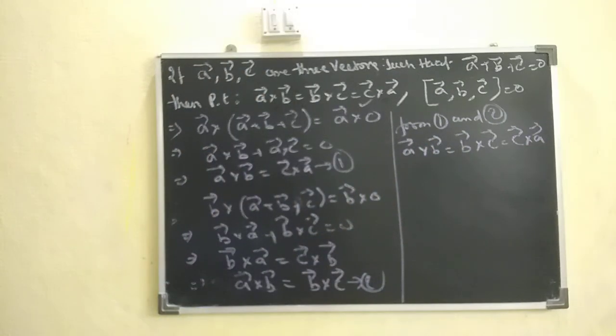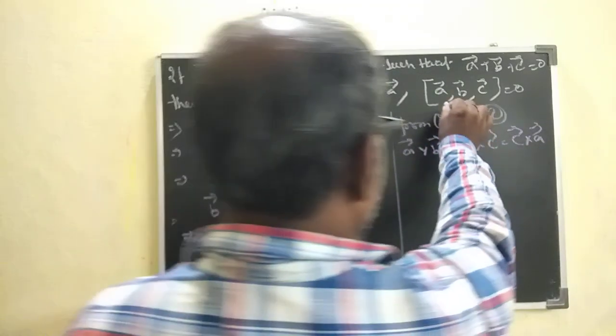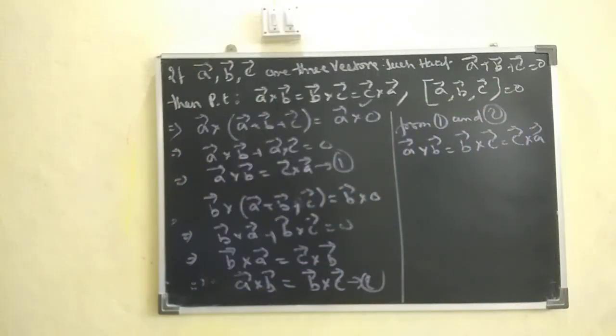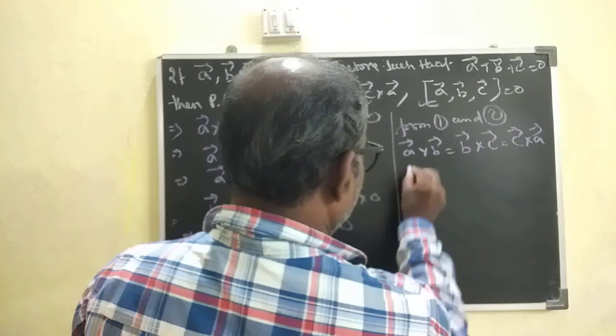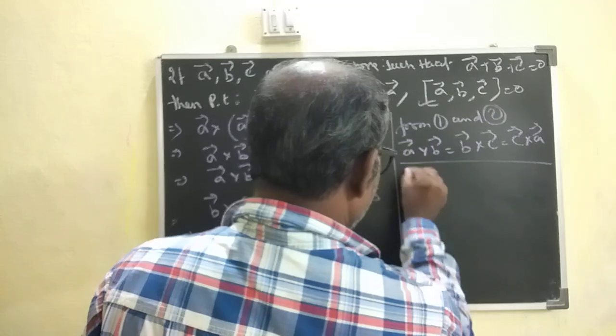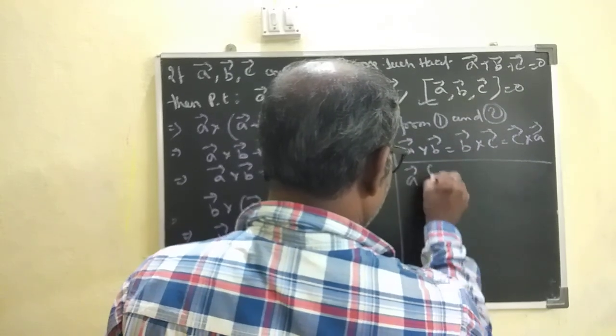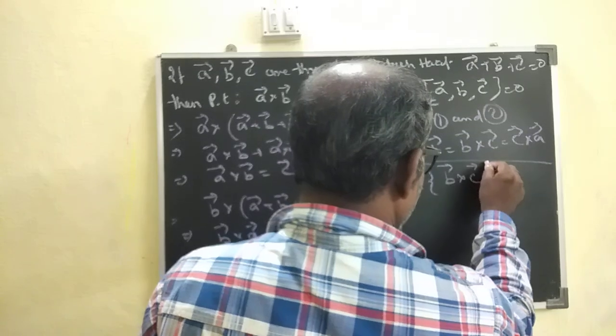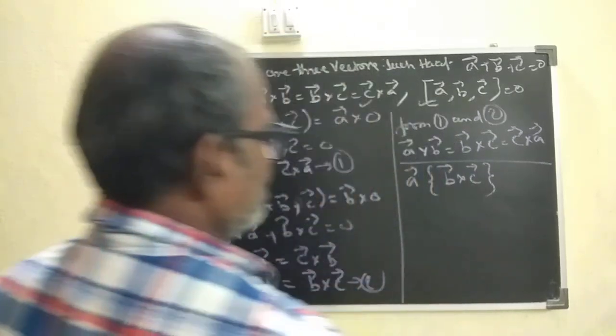Now we have to prove here that vector A, B and C here is equal to 0. Now writing this part here, this can be written as this.